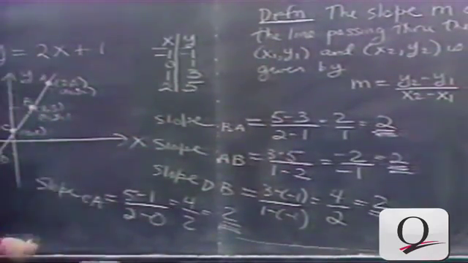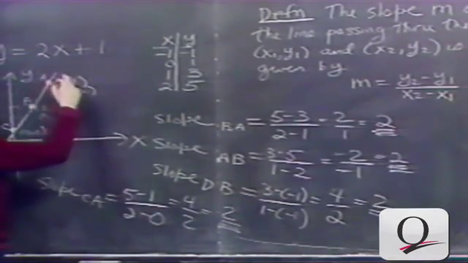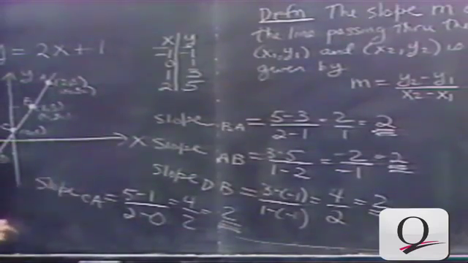Or if I had reversed these 2 points, I would have gotten 3 minus 5 over 1 minus 2.